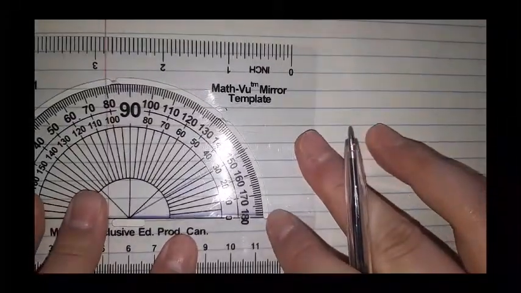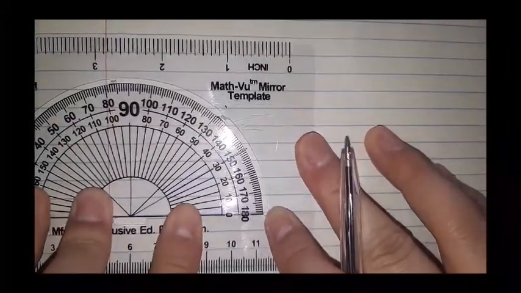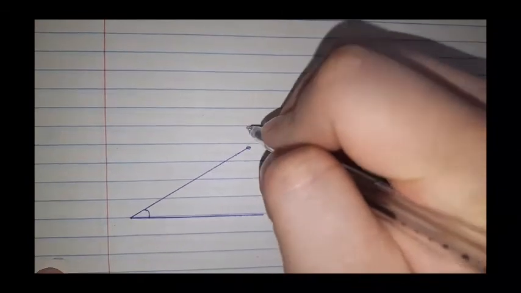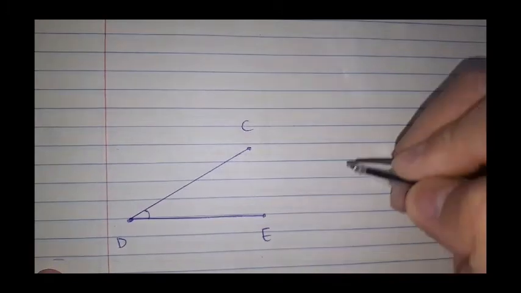Using the protractor, I know that this is my horizontal arm. It's 30 degrees. See, and I can say angle CDE is 30 degrees.